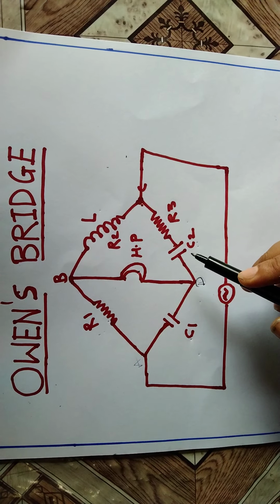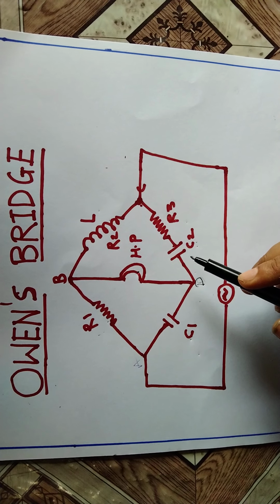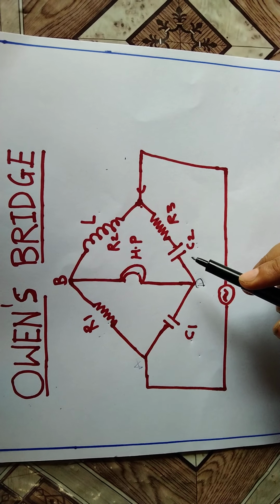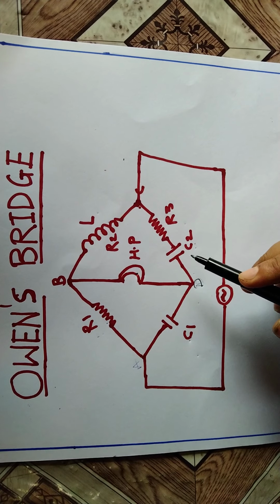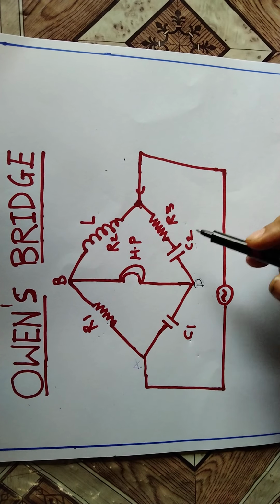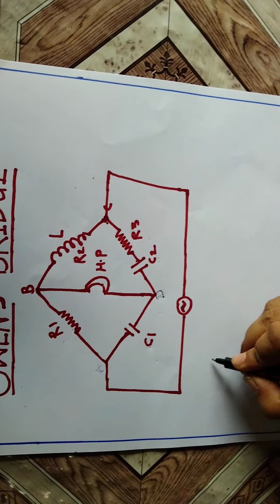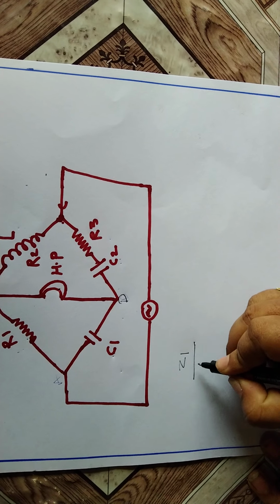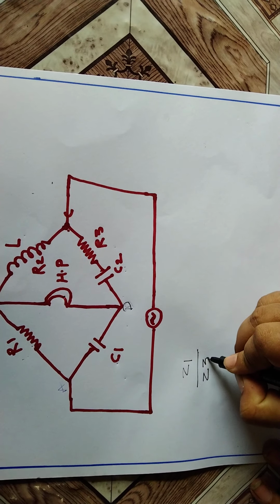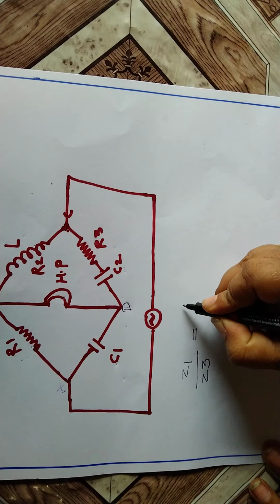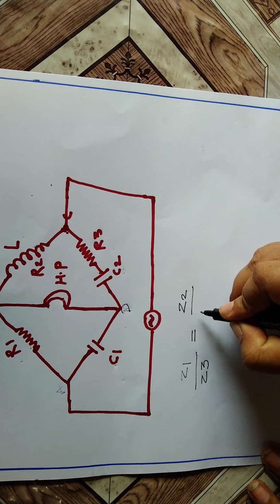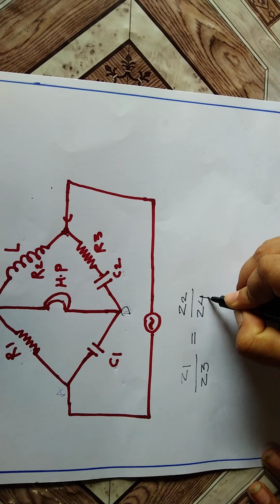At the balancing condition, let Z1, Z2, Z3 and Z4 be the impedances of branches AB, BC, AD and DC respectively. Then we have Z1 divided by Z3 is equal to Z2 divided by Z4.